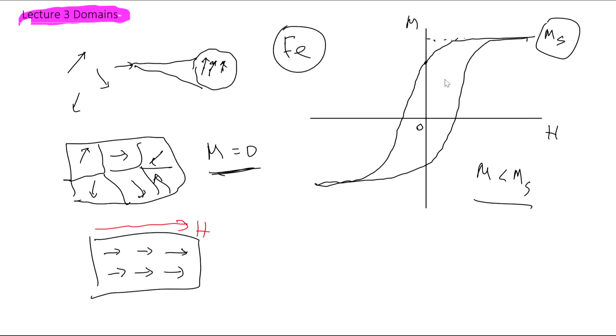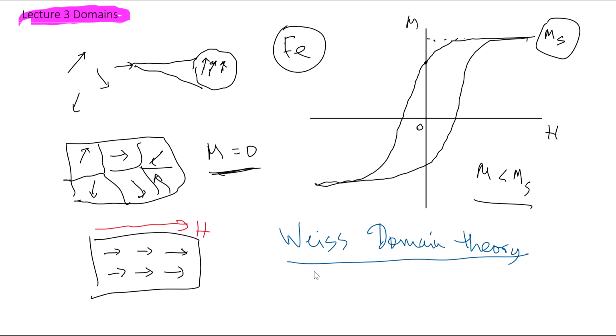Now there is a history of that. First of all, we already discussed in previous lectures the Mace domain theory. Mace introduced, as you remember, the molecular field H_M that is proportional to magnetization.